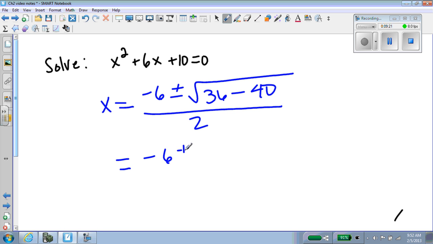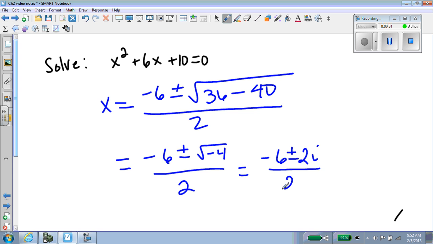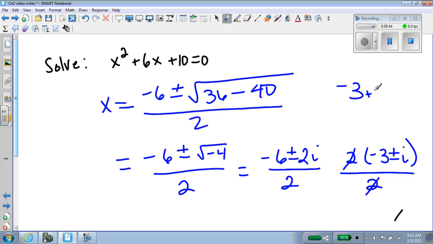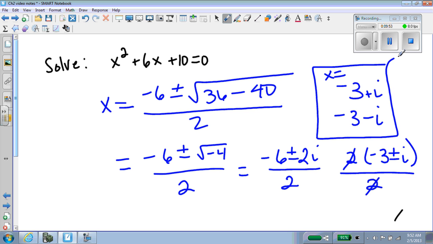Negative 6 plus or minus the square root of negative 4 over 2, which would be negative 6 plus or minus 2i over 2. I can factor out a 2, negative 3 plus or minus i over 2, and it will cancel. So my solutions are negative 3 plus i and negative 3 minus i. These are my x equals, my solutions, my zeros, if you will.